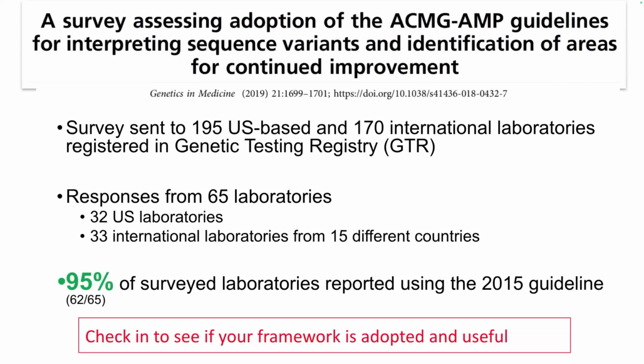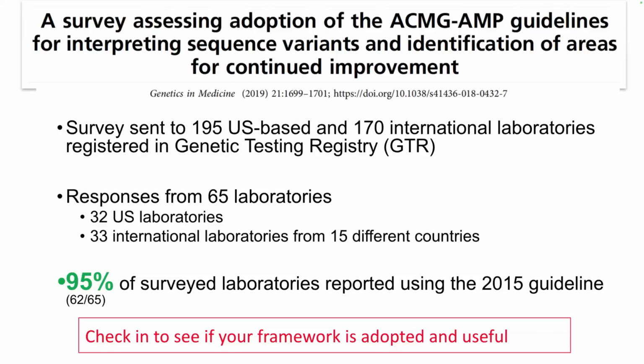And so first, before we did any updates to these guidelines, we did a survey assessing adoption of the guidelines. We put out this framework for classifying variants in a highly penetrant monogenic disease, but is anyone using it? So we sent it to 195 US-based and 170 international laboratories registered in the genetic testing registry.